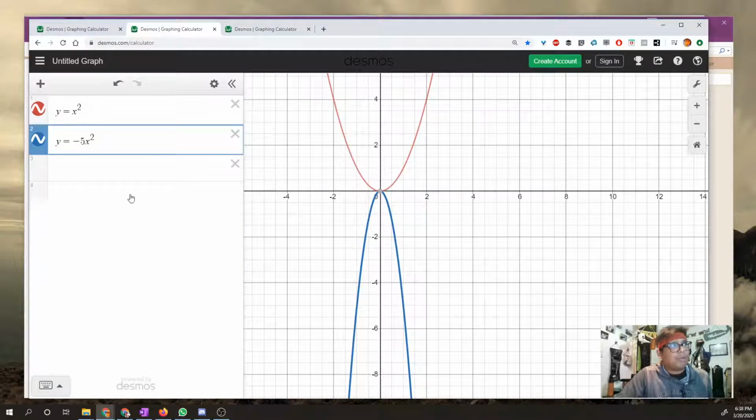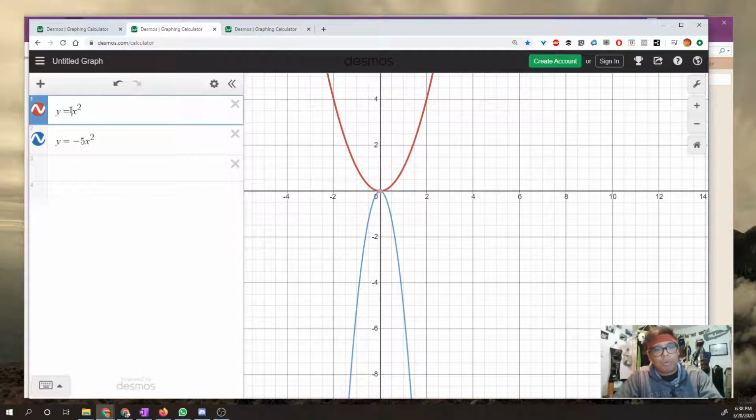Trust me when I tell you that this number in front of x squared tells you where that lattice point is: 1, comma, negative 5. This is still y equals 1x squared, so this is still telling me that I have a lattice point at 1, 1. This one tells me I have a lattice point at 1, negative 5.